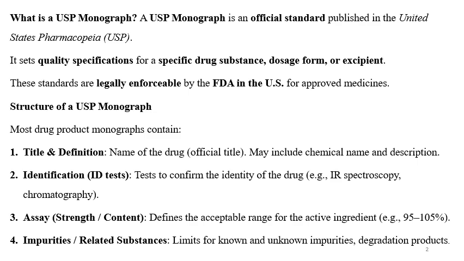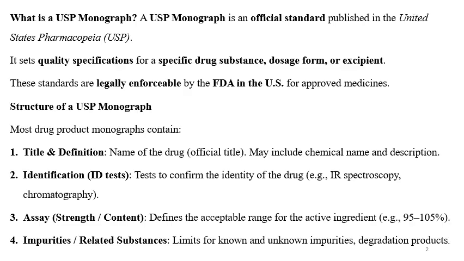Generally, two techniques are used for the identification. First is IR, second is HPLC. These are the generalized identification tests. Then is the assay or strength and content. It defines the acceptable range for the active ingredient. Example, the formulation or the API should contain the active in the range of 95 to 105% of the label claim.